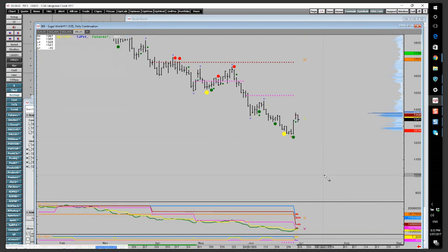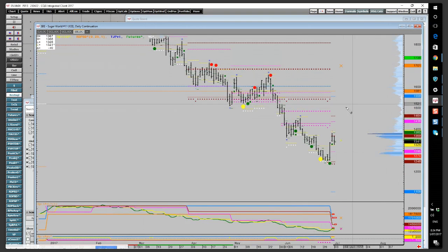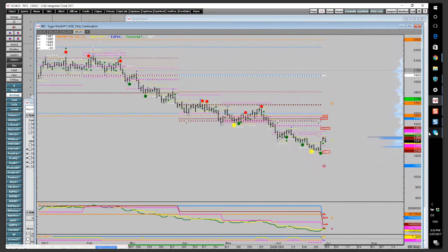Now, one of the other critical things that's very, very rare that we've pointed out is when I add in the range deviation pivots. This is extremely rare. So when we look here, here's our bearish annual pivot, this orange one right there. Now sugar has got so oversold that both of the semi-annual pivots and both of the quarterly pivots have moved outside of the lower bearish yearly pivot.